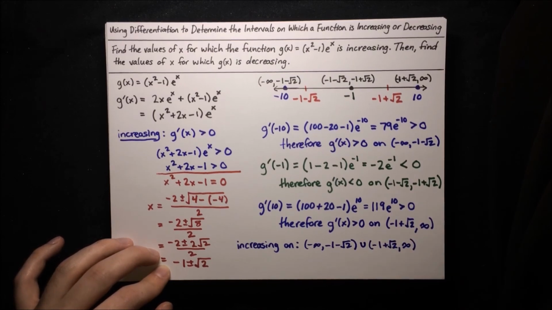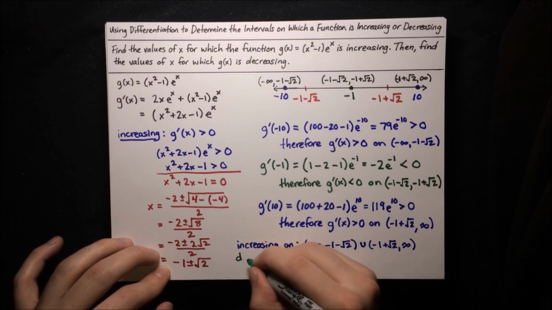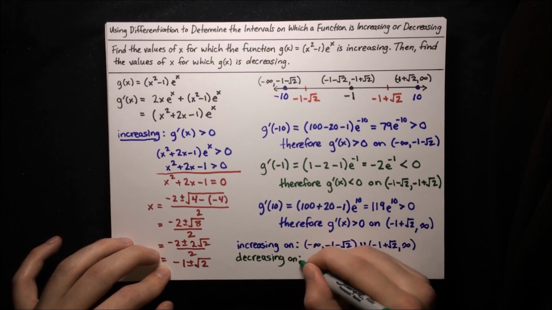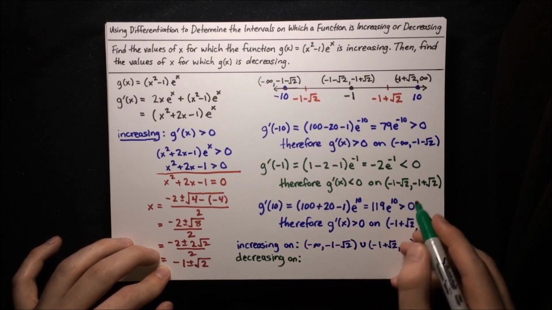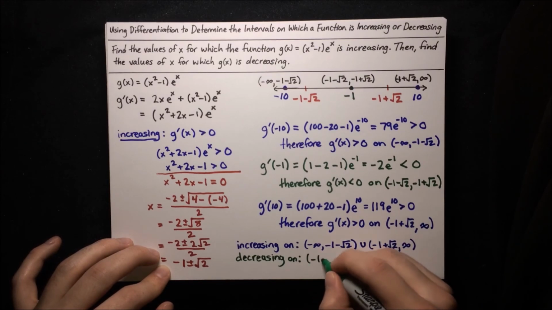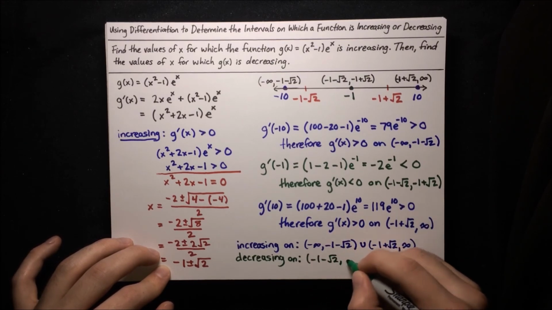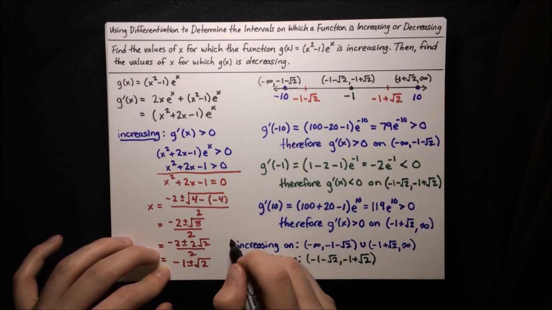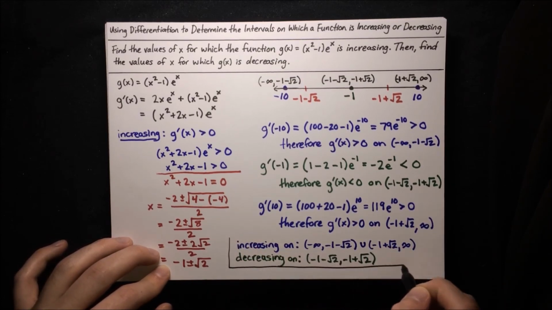That's where the derivative is positive. And then g of x is decreasing on the interval where the derivative is negative, which is just this interval here, negative 1 minus root 2 to negative 1 plus root 2. So here we have it. There is the final answer.